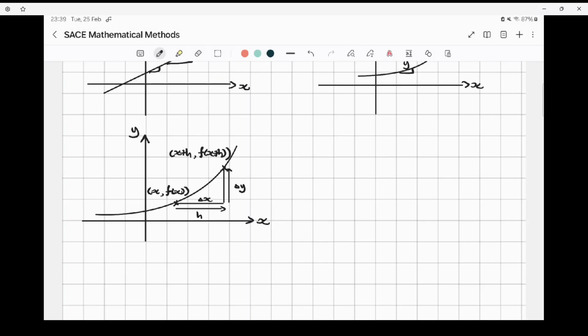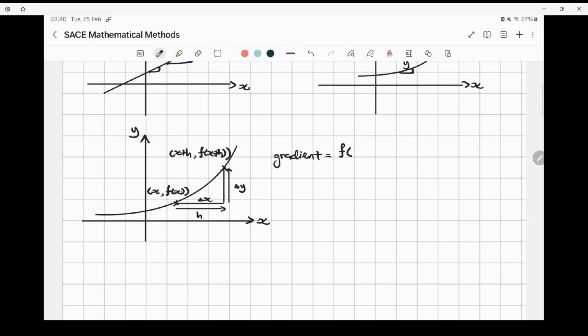The whole point here is that you define the gradient and then slowly decrease the value of h in such a way that in the end you reach the point where you want to find the gradient. The gradient is exactly the same as what you would do when you calculate the gradient for two points.